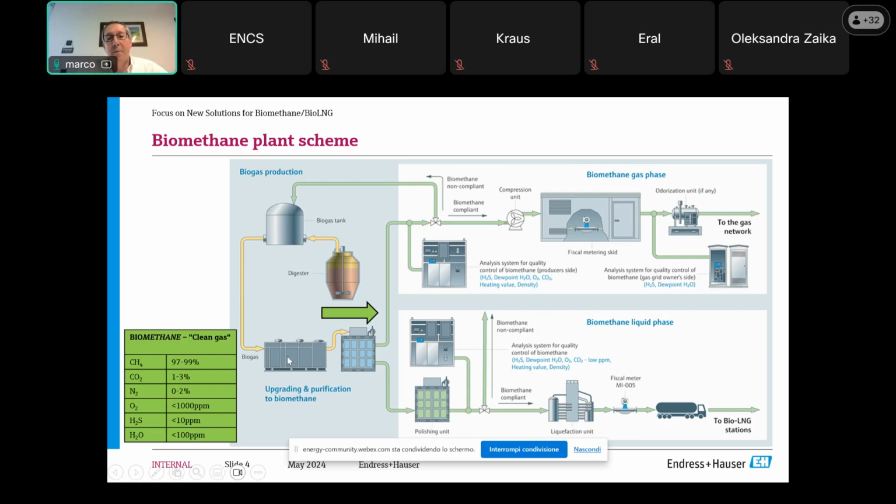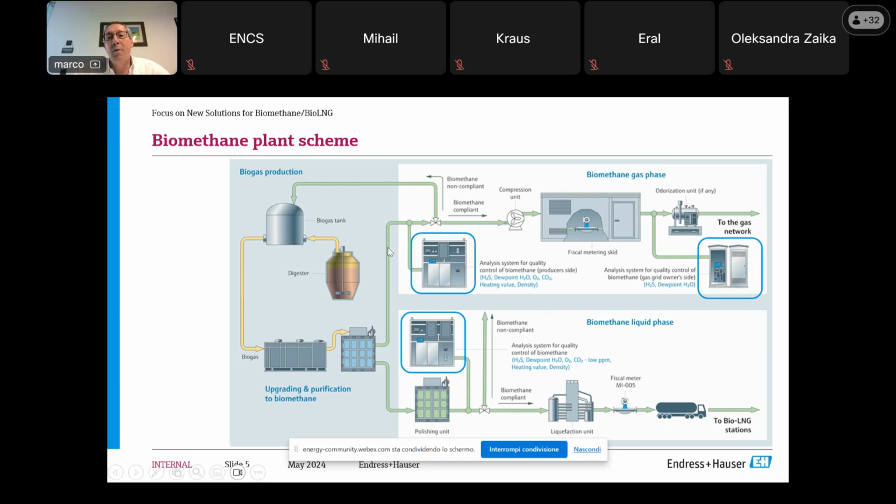From the pre-treatment and the upgrading phase, the biomethane is sent first to a quality analysis, where I check the quality of the gas with the instrument that we will see immediately after.